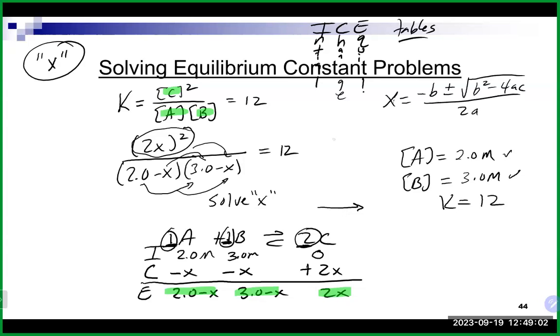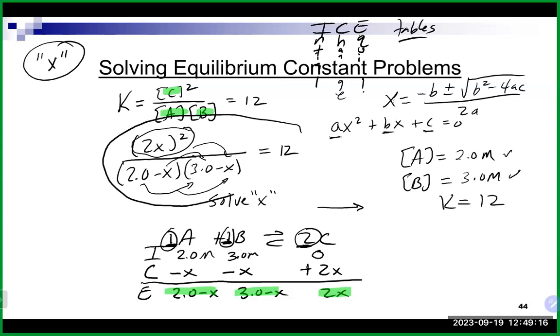That is based off of this formula here, which is ax squared plus bx plus c is equal to 0, right? And that's where we get the a, b, and c. So when you do all this math, you do a lot of times need to combine it into a quadratic equation so that you can use the quadratic formula to solve it. By the way, how many answers do you get out of the quadratic formula? You do get 2 answers, so you will get 2 x values, right?